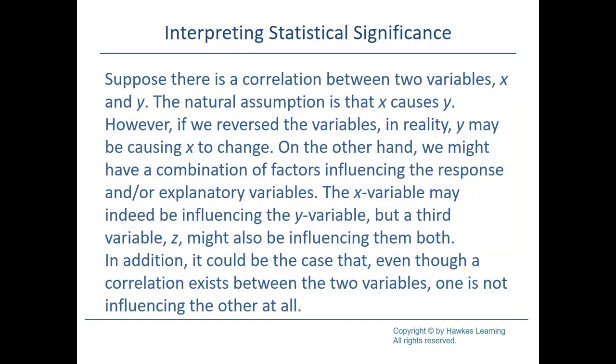However, if we reverse those variables, in reality y may be causing x to change. On the other hand, there might be some combination of factors influencing our response and explanatory variables. With x, it may indeed influence y, but that random third variable z could be influencing them both.